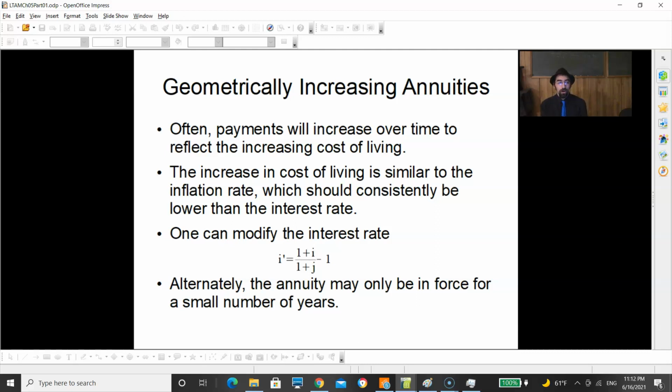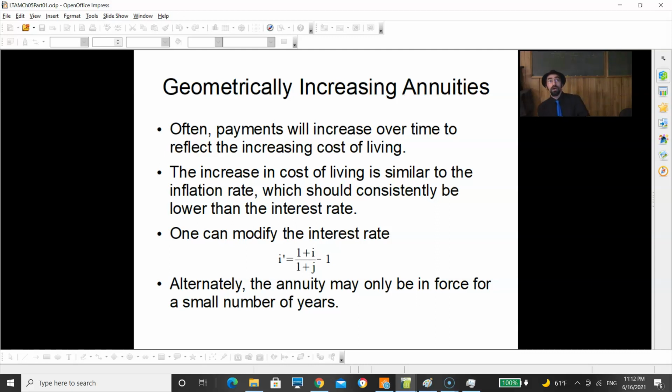So often payments will increase over time. And the increase in cost of living should be roughly the same as the inflation rate, which should consistently be lower than the interest rate. And for that, you can modify the interest rate, right?